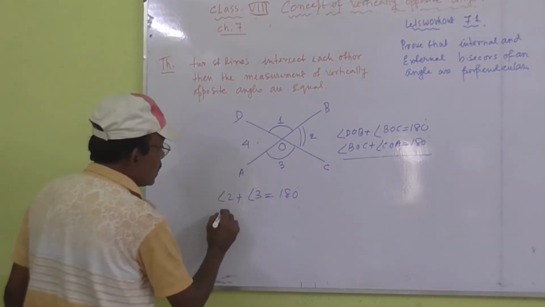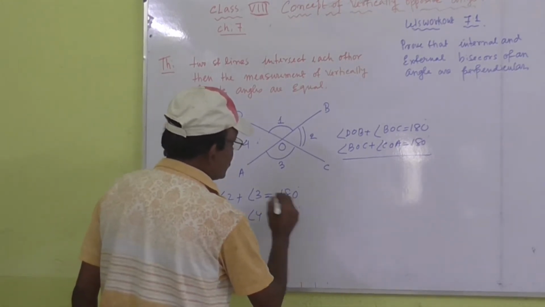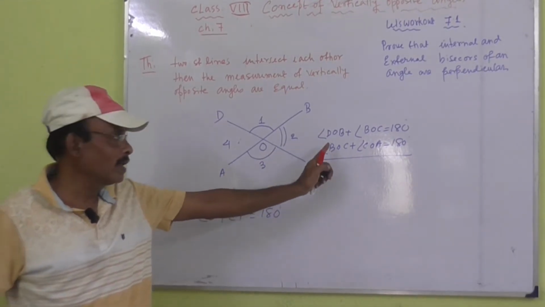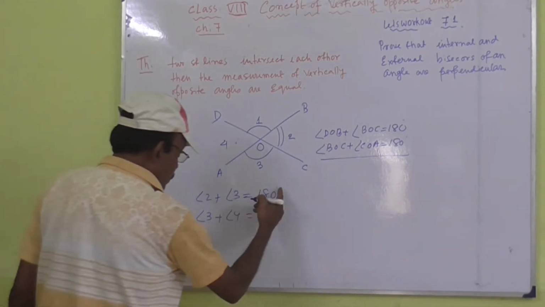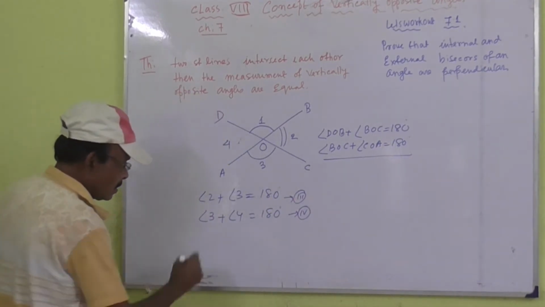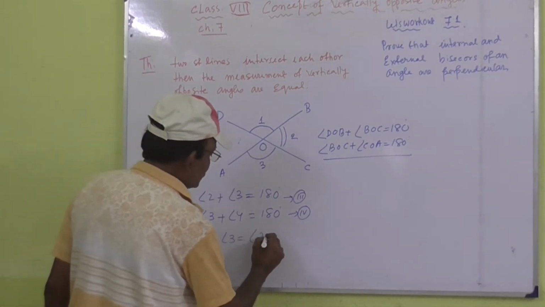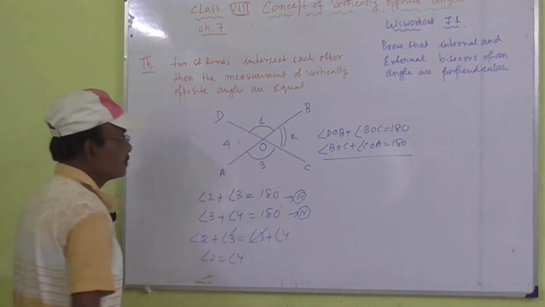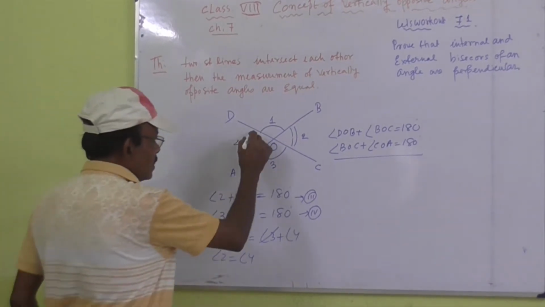So angle 3 plus angle 4 equal to 180 degrees, but in your exam paper you must write angle DOB plus BOC in this way. Okay. So from these two we can write that angle 2 plus angle 3 equal to angle 3 plus angle 4. Cancel this, angle 2 equal to angle 4. This is the vertically opposite angle. The two angles are equal.